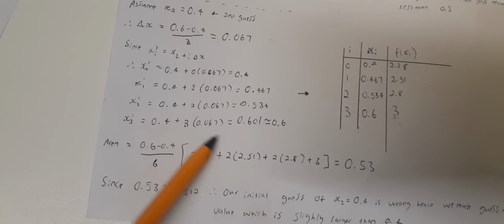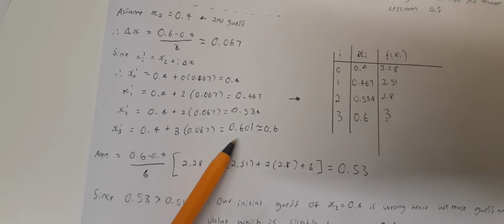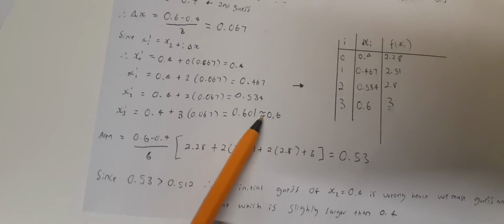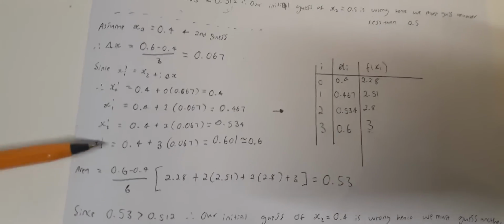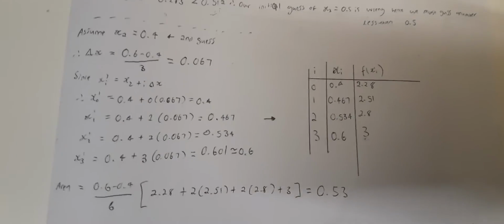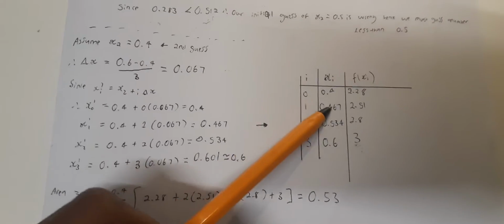And to bring your attention here, x3 we found to be 0.601, and then we approximated it to be 0.6 because we know that it should be 0.6. So x3 prime represents our x3 on the graph.